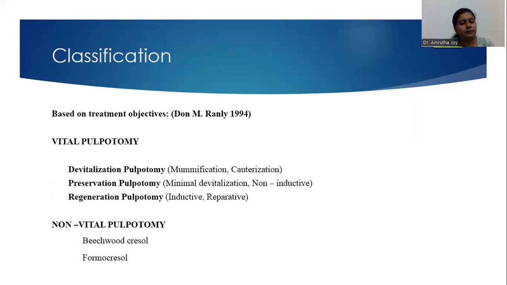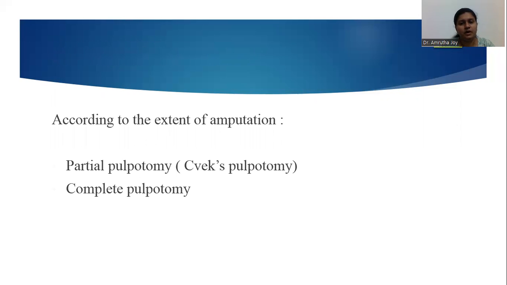Non-vital pulpotomy techniques include the use of beechwood cresol or formocresol. According to the extent of amputation of coronal pulp, it is divided into partial pulpotomy and complete pulpotomy. The partial pulpotomy is also known as Cvek pulpotomy.